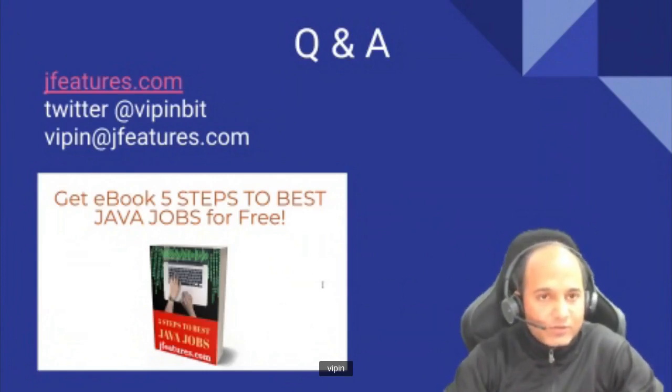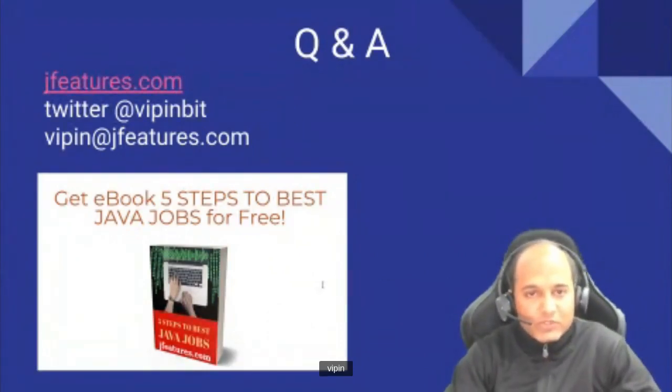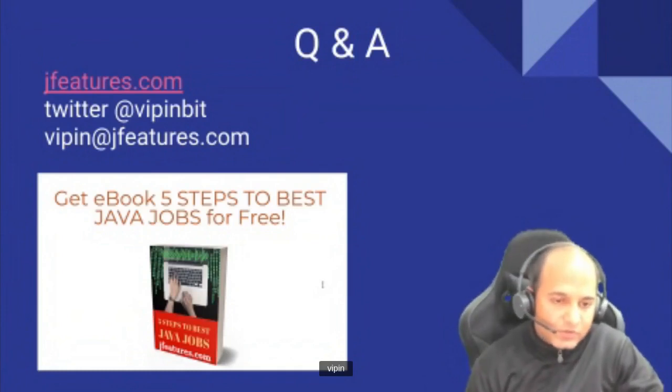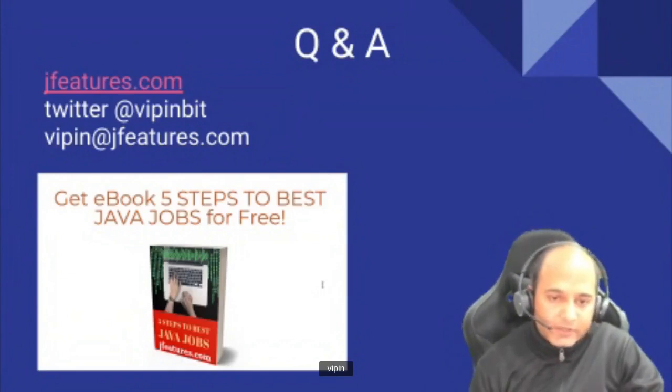Java developers would like to see Java classes, methods, stack trace. You may want to see what was there in my heap. So for that, jhsdb is the command. And the good thing is all of these commands I talked about today are part of OpenJDK. So if you are running your application using the JDK, all of these are available to you. And for more details, you can go to my blog, jfeatures.com. I have a detailed blog post on jhsdb.